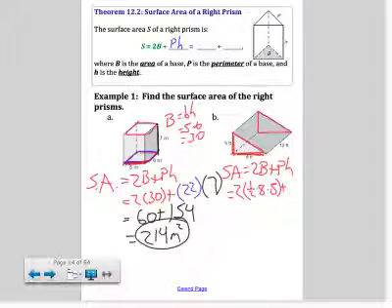Okay, so I have 8 squared plus 5 squared. Let's grab my calculator real quick. Alright, so I have 25 plus 64 equals 89. The square root of 89 is 9.4.